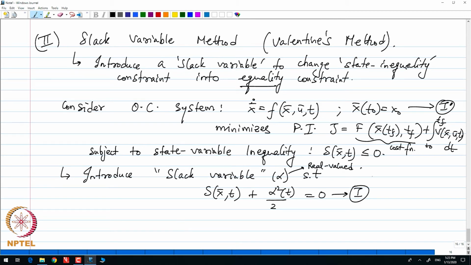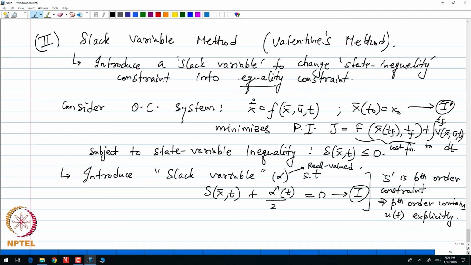So, what I have said is S is the pth order constraint, such that the pth order constraint contains u of t explicitly.